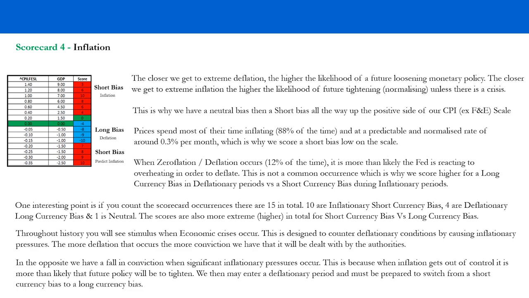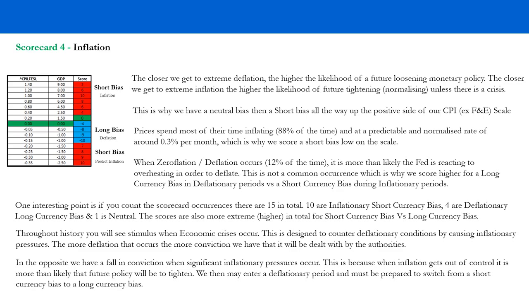This is why we basically have a neutral bias, then a short bias all the way up the positive side of the CPI X food and energy scale. Because prices spend most of their time inflating, so 88% of the time inflating at a predictable and very normal rate of around 0.3% per month, which is why we score a short bias very low on the scale.